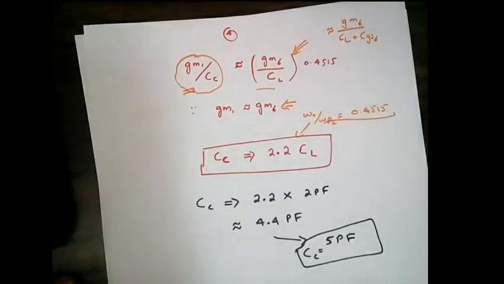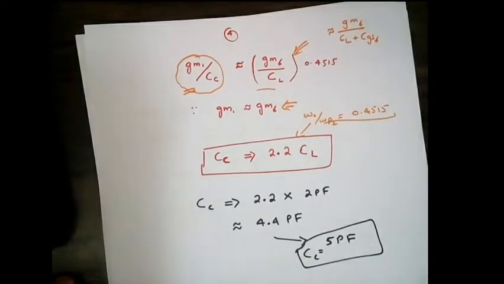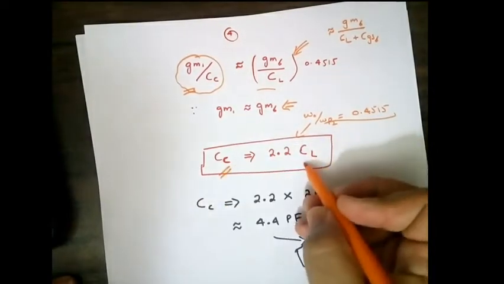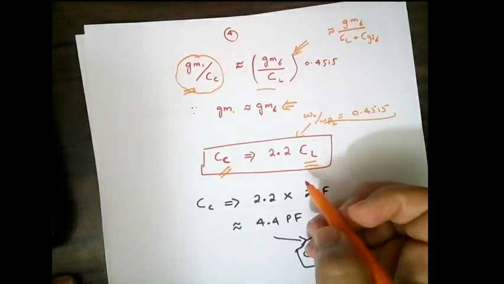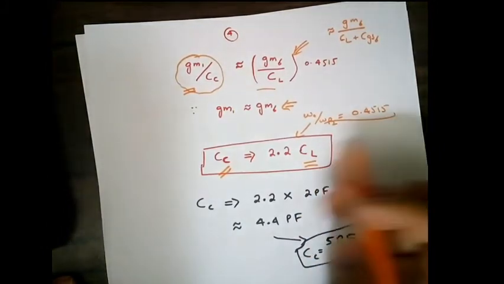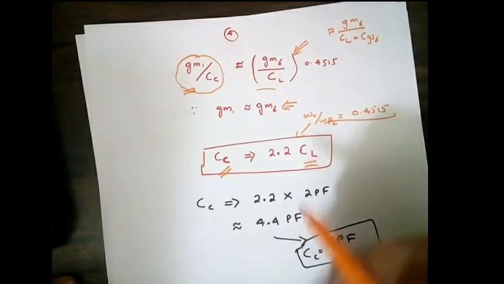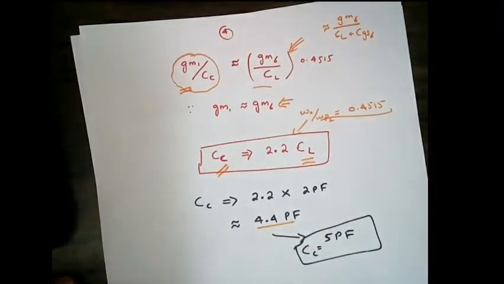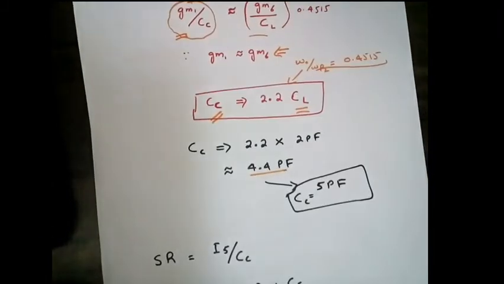So that is the first value which is required for our two-stage amplifier, and that is the Cc value. So we know already CL is provided as a design specification, which was 2 picofarad, multiplied by 2.2, it will be 4.4 picofarad. As a design, we have margin all the time, and we have to pick a reasonable practical value.